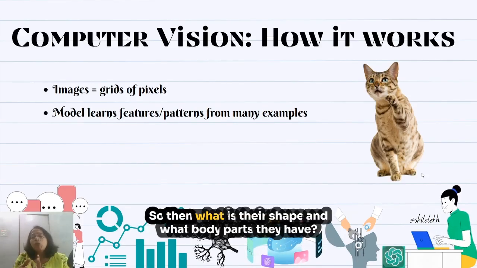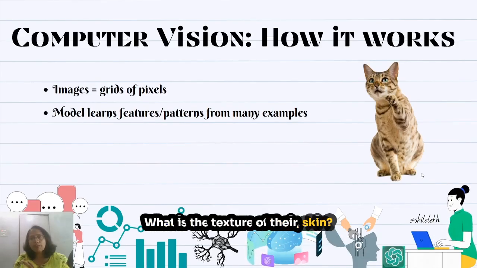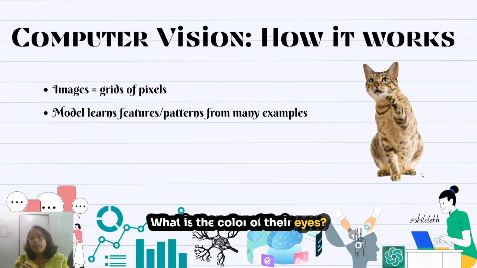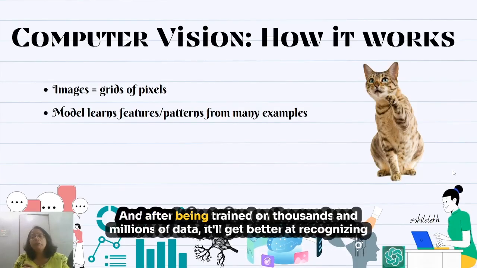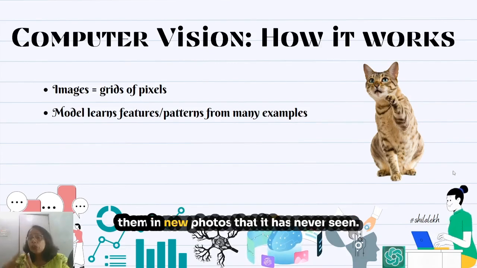Then what is their shape, what body parts they have, what is the texture of their skin, what is the color of their eyes. And after being trained on thousands and millions of data, it will get better at recognizing them in new photos that it has never seen.